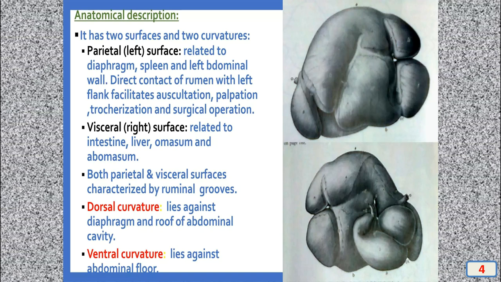And the visceral right surface is related to the intestine, liver, omasum, and abomasum. Both parietal and visceral surfaces are characterized by ruminal grooves. The dorsal curvature lies against the diaphragm and the roof of the abdominal cavity, and the ventral curvature lies against the abdominal floor.